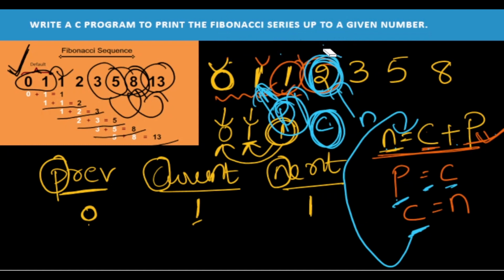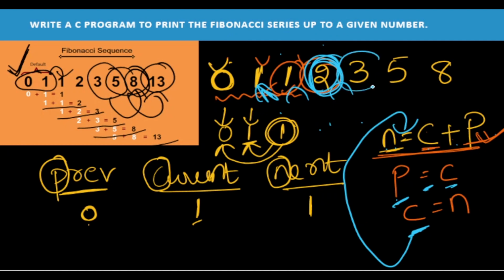See once more, now I am telling next value. Once more means I am not repeating. For 3, what do I need to do? See, watch carefully. I am changing the color. The blue is mixing, so that this is previous value. This is current value. This is next value for 2. Now I am coming to 3. What is this? P equal to C. P equal to C means the P will be erased here.